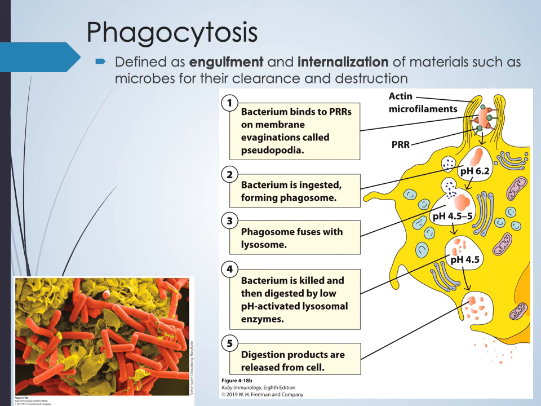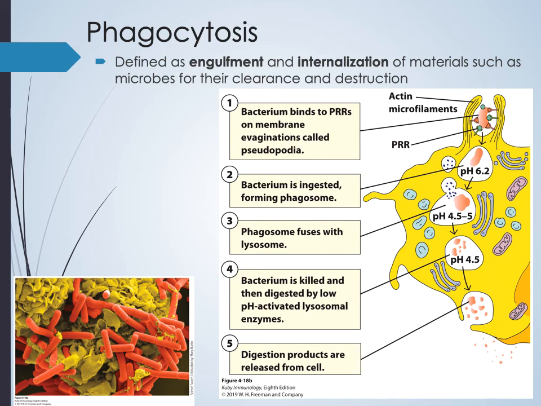The first step is binding of receptors that are on the immune cell to ligands that are on the microbe or damaged cell. This is where our pattern recognition receptors, PRRs, and our MAMPs or DAMPs will bind.